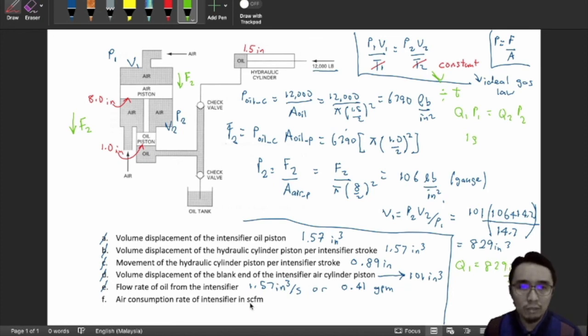But remember, we want to find it in standard cubic feet per minute, so you just need to change this to feet and this to minute. You can do the conversion on your own.